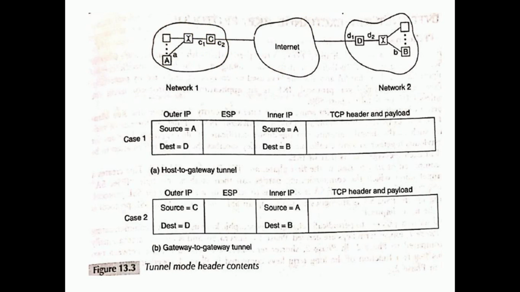So in this case, C would prepend an ESP header and another IP header to A's packet for communication through a secure tunnel between C and D. On the receipt of the packet, D would strip off the outer IP header, authenticate the source of the packet, decrypt its contents, strip off the ESP header and trailer, and route the packet to B. So this is how the communication takes place using the tunnel.